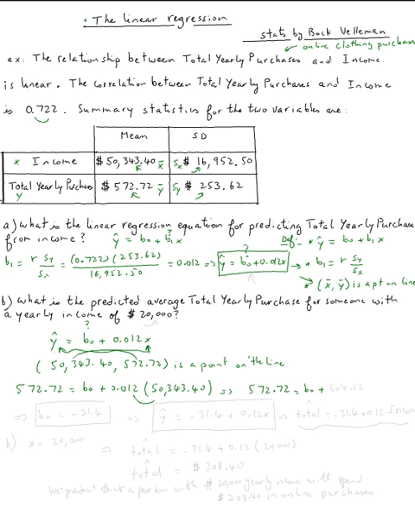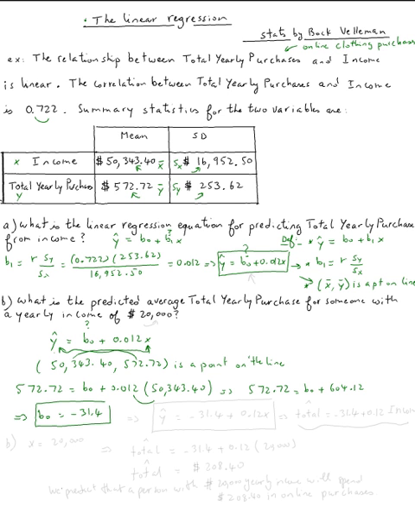If I multiply these numbers, I get 604.12. So b0 is equal to 572.72 minus 604.12, which is negative 31.4.